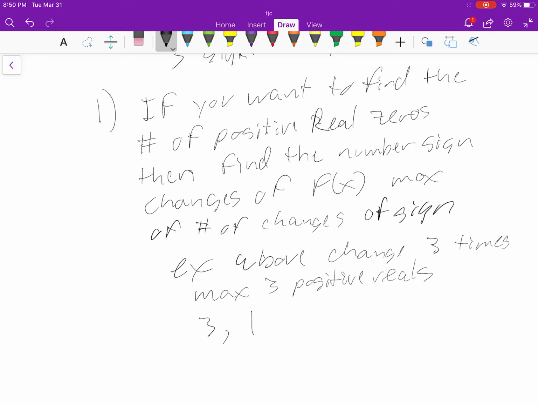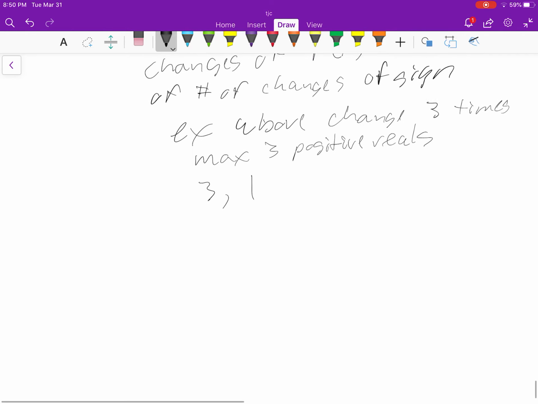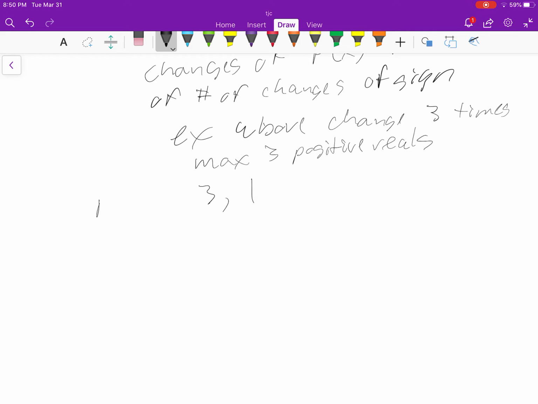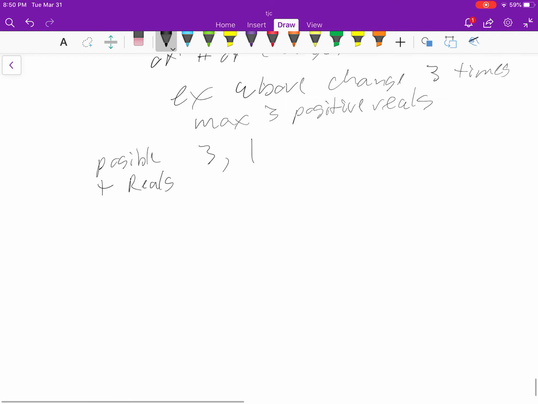So you subtract out the number of pairs. So these are the number of possible positive reals. We either have 3 or 1.